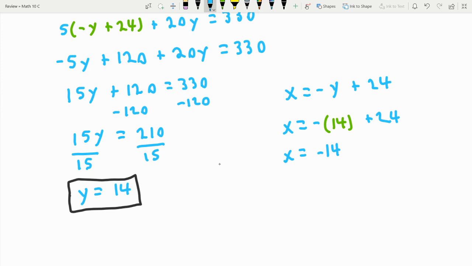I can multiply the negative 1 outside the bracket into the 14, so that's negative 14 plus 24, which should just be positive 10. So I have x equals 10, y equals 14.